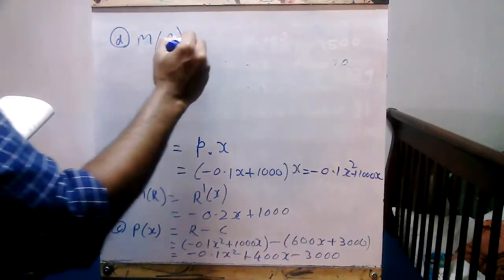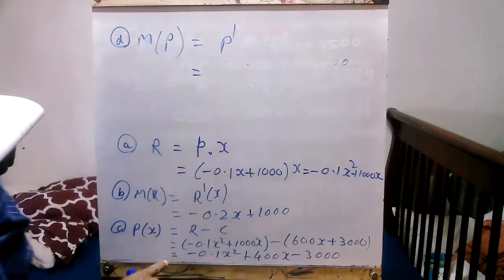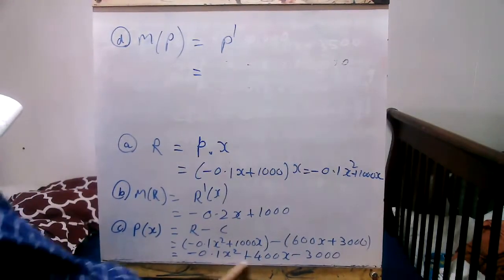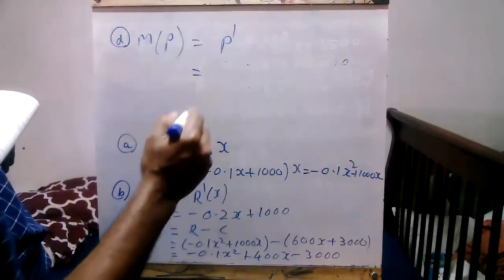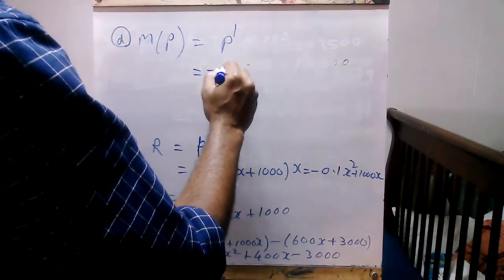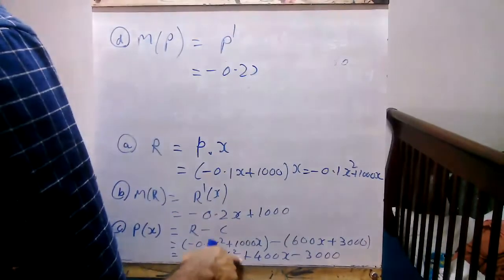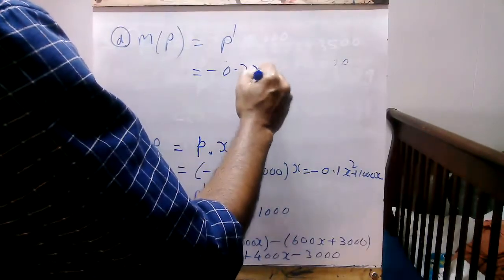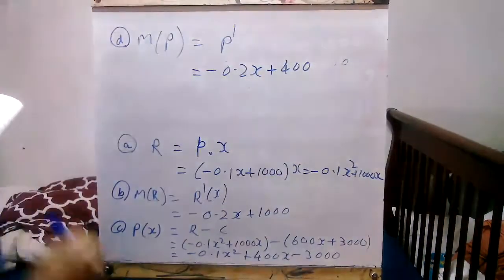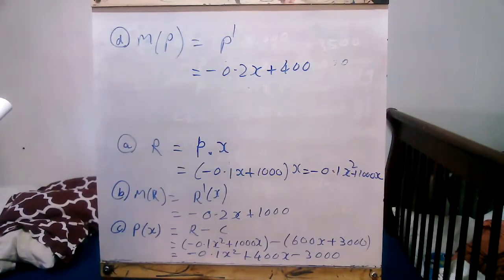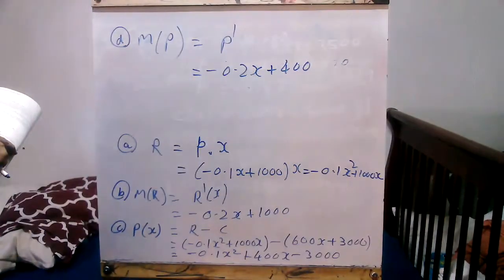Marginal profit function is equal to P'. P is here, profit function is this. To get the derivative, differentiate this: negative 0.2x squared, differentiate x, negative 0.2x plus 400. This is the marginal profit function.